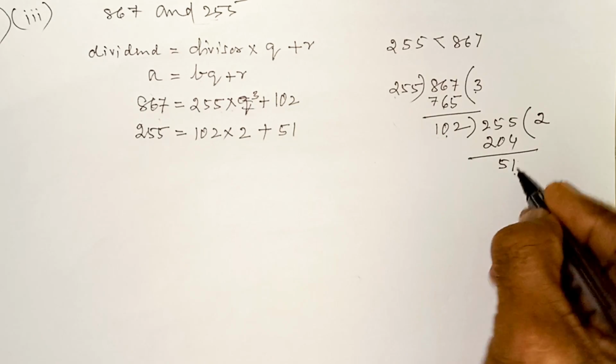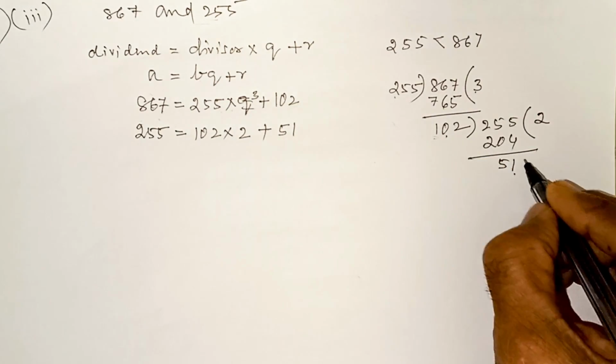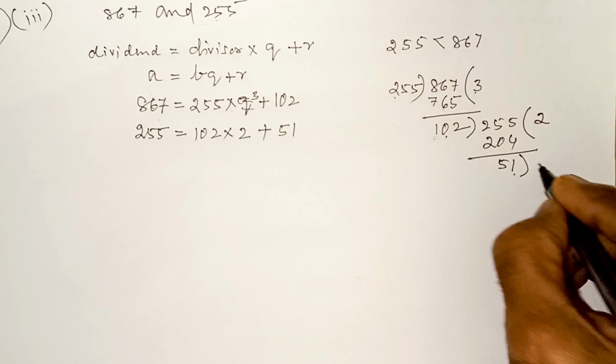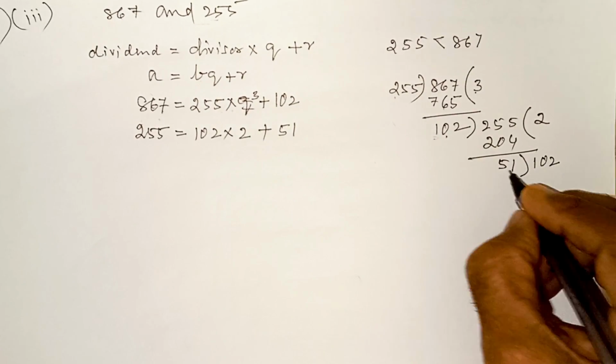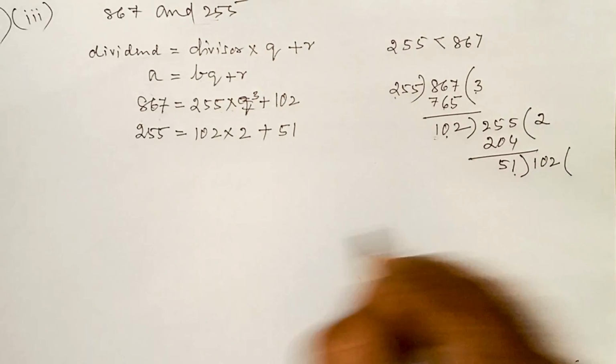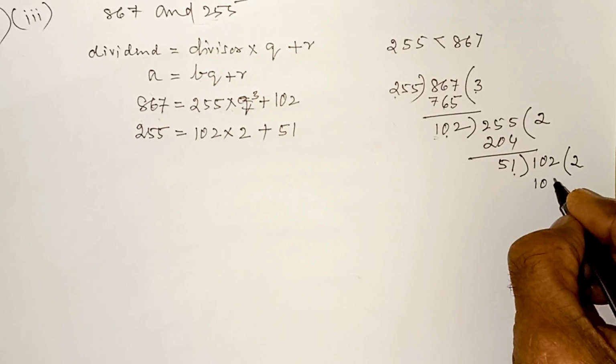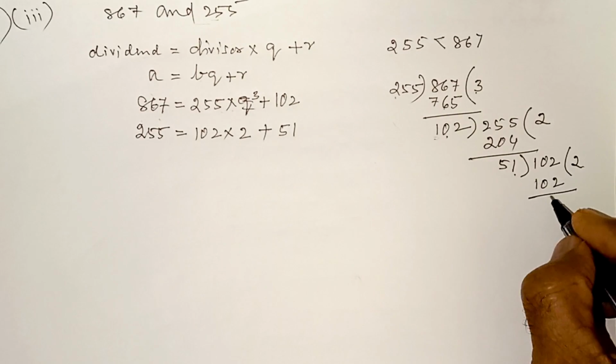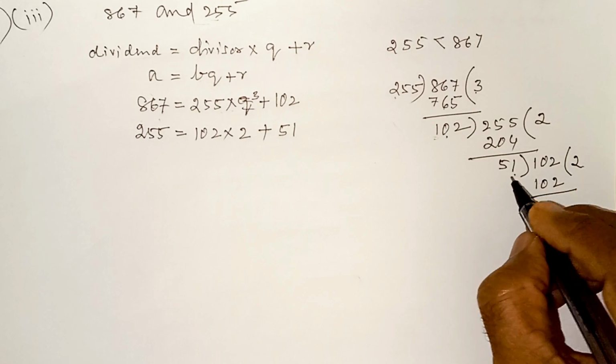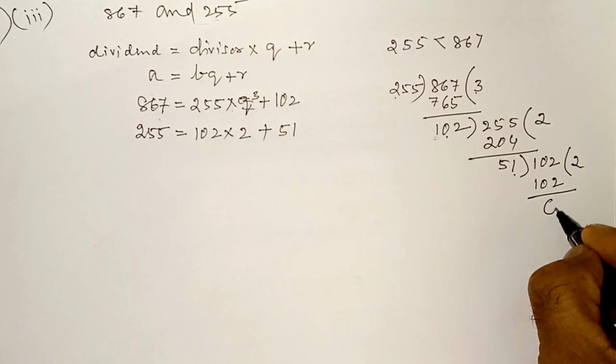The next step is this 102 becomes the dividend here. 51 divides this. When we do this, you get exactly 2 times. 102 is the answer after multiplication, and the remainder is 0.